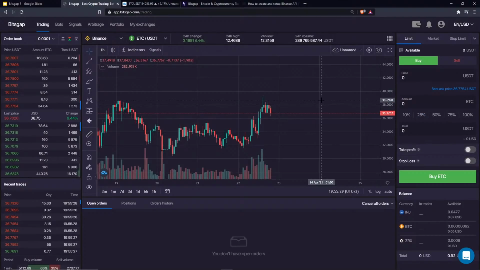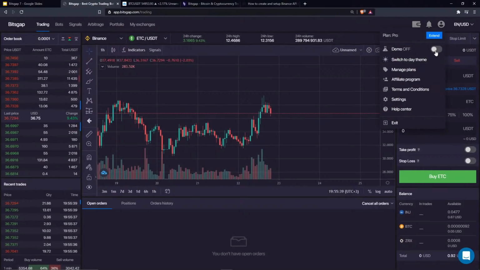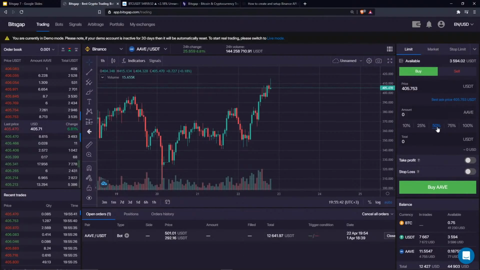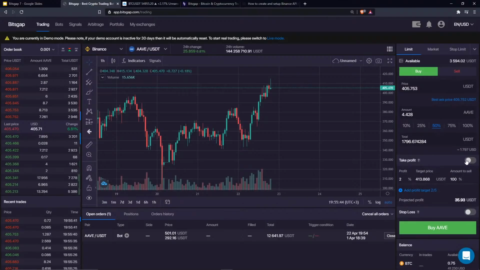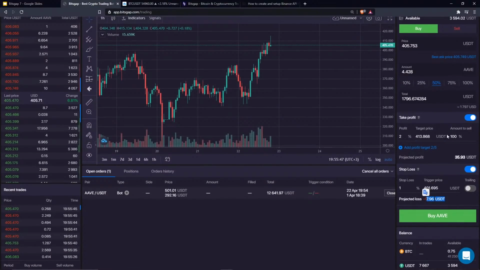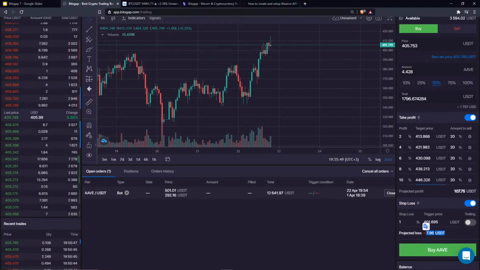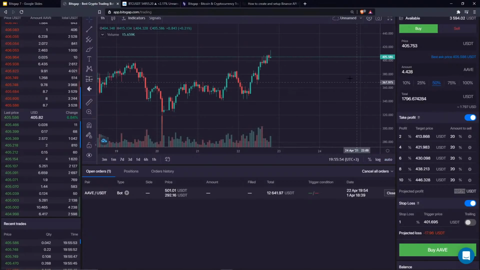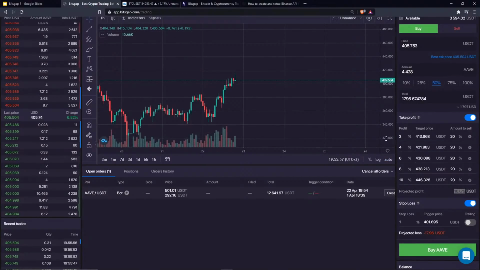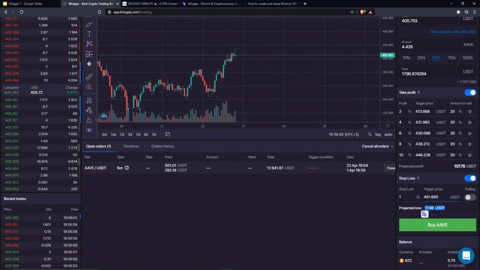When you want to enter the market, let's say with a limit buy order, let's switch quickly to the demo mode, we actually calculate the potential return and the risk that you take. So for example, with multiple take profits, it calculates the exact return that you get from this trade as all these take profits are reached.